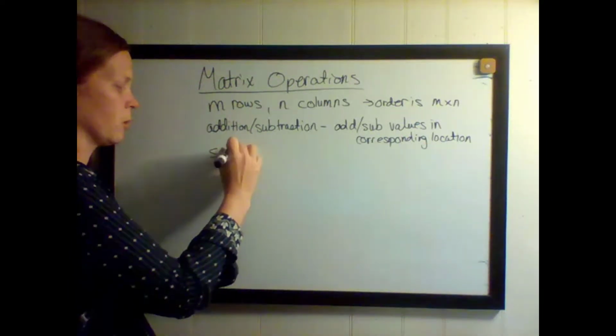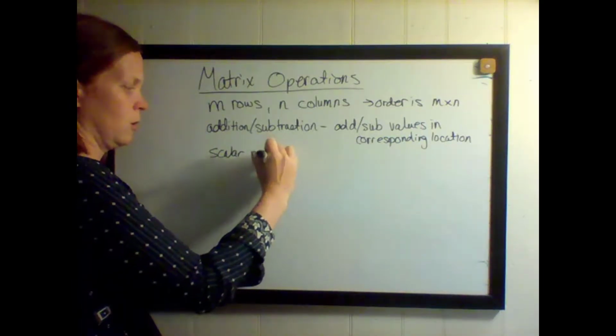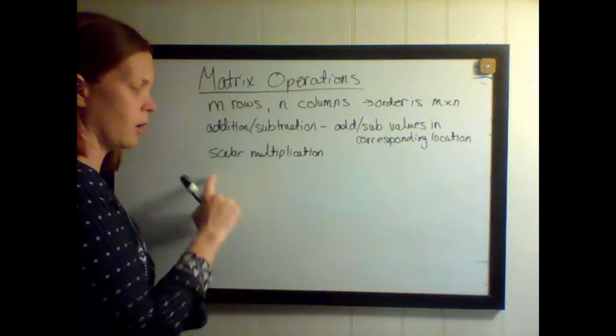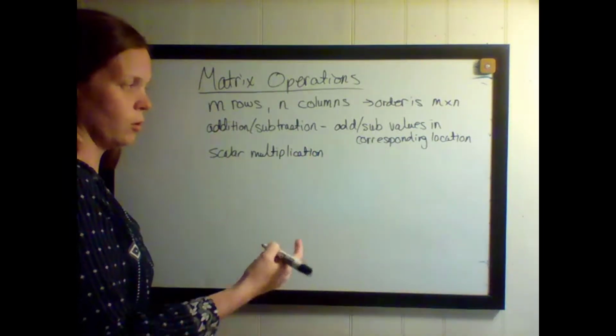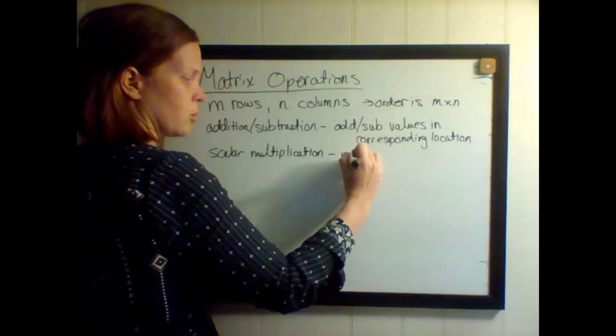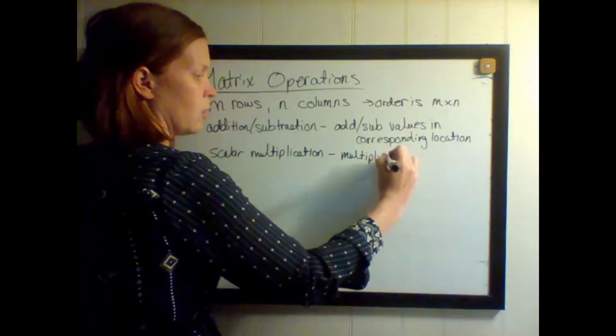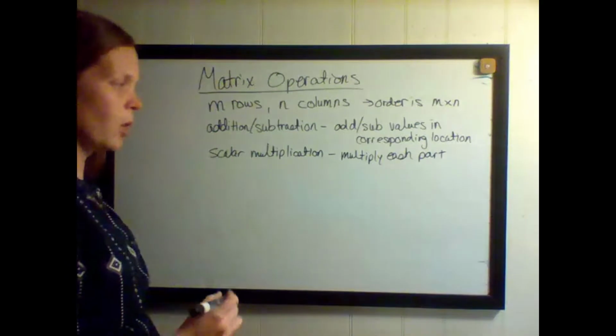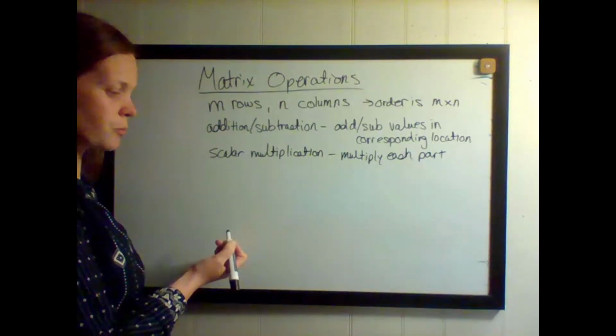And then scalar multiplication. If we multiply a matrix by a scalar, a value, then we just multiply each part or each value.